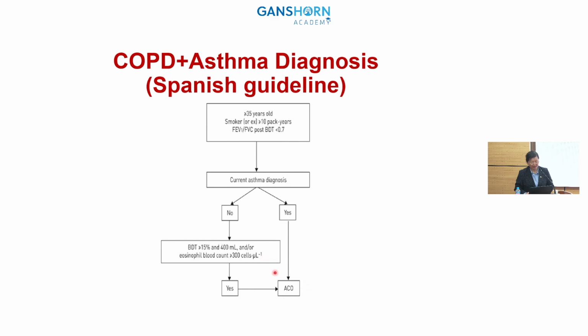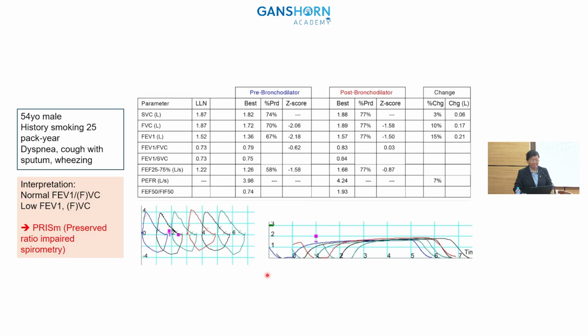So we will have ACO. So we have asthma, COPD, and now ACO. We have 3 types, and all of them have to be based on the plethysmography.